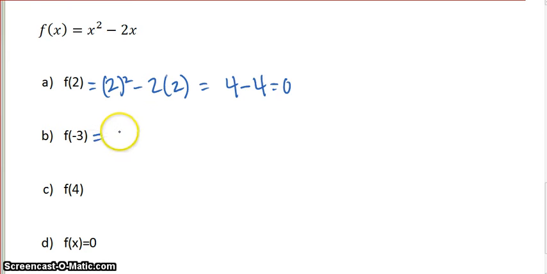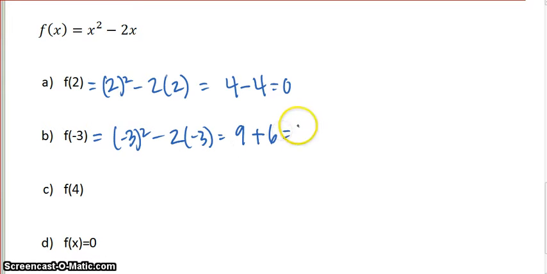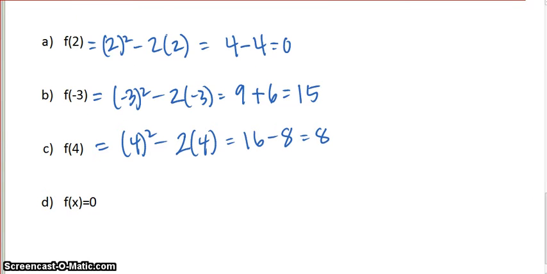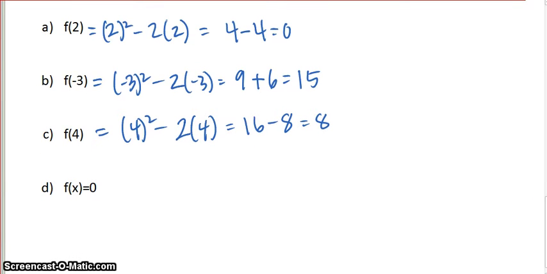Plug in a negative 3, we get negative 3 squared minus 2 times a negative 3, which equals 9 plus 6, which is 15. F of 4 is 4 squared minus 2 times 4 equals 16 minus 8, which is 8. Those are pretty self-explanatory. All we're doing is plugging in our x's and finding our y's, okay?